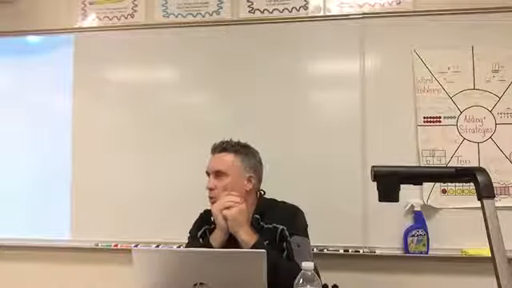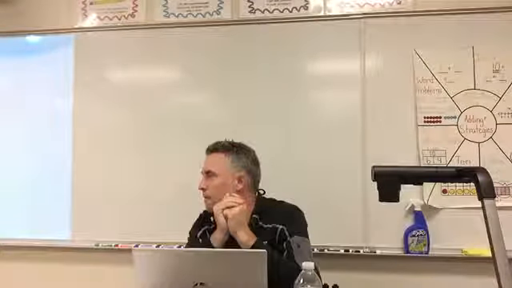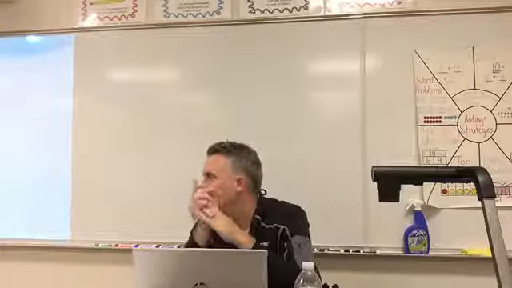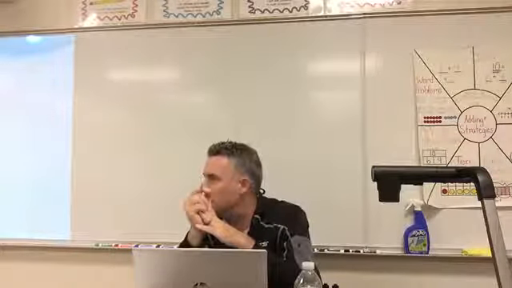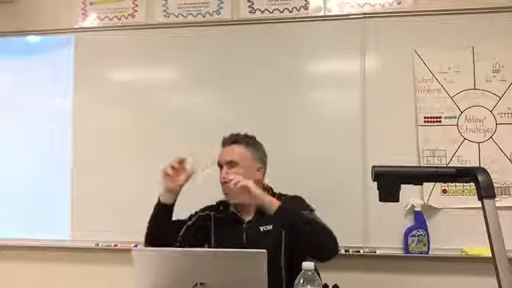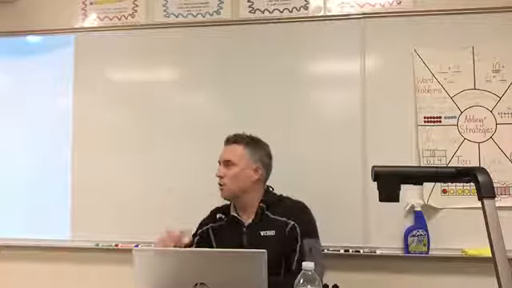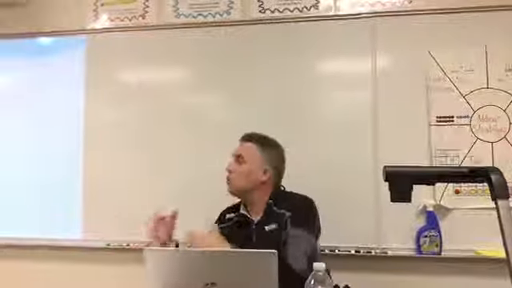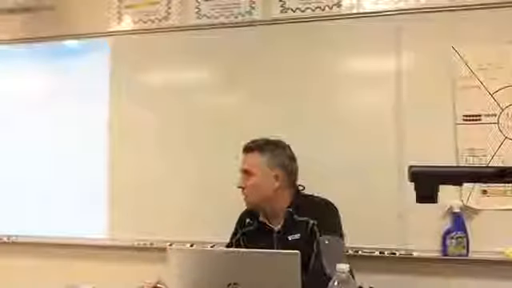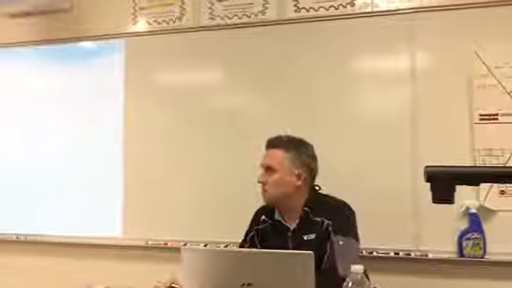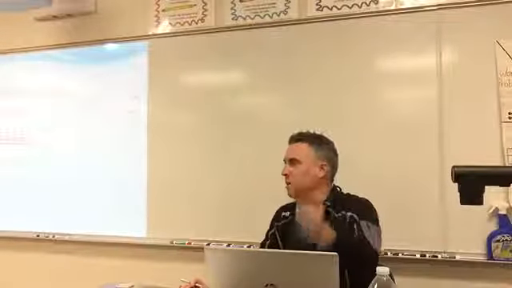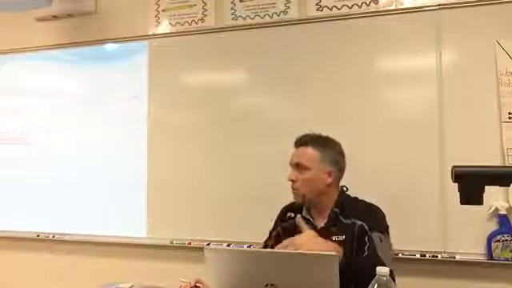There's only one way to multiply two numbers to get 0. One of the numbers must be what? 0. It has to be. If I take two numbers times each other, one of the numbers has to be 0 if I want my answer to be 0. Could both of the numbers be 0? Yeah, because 0 times 0 is 0. Does it matter which of the two numbers is 0? No, I'm going to get 0.